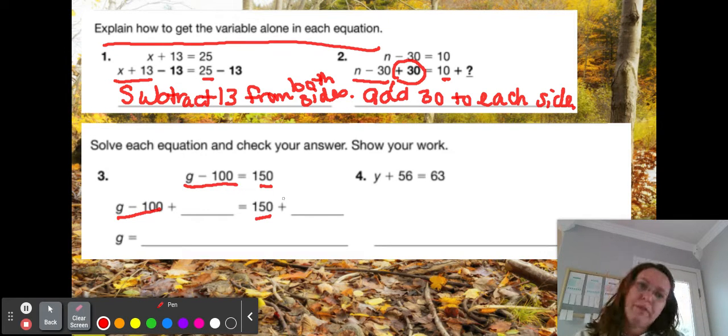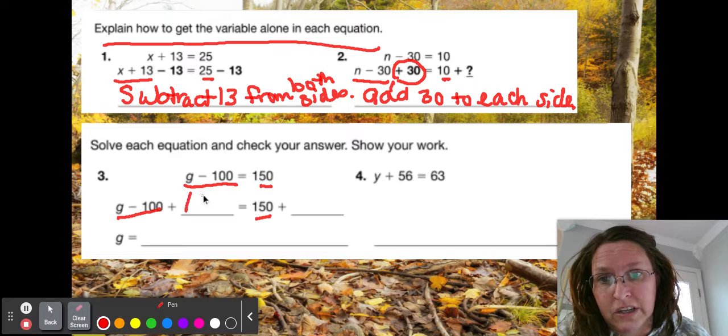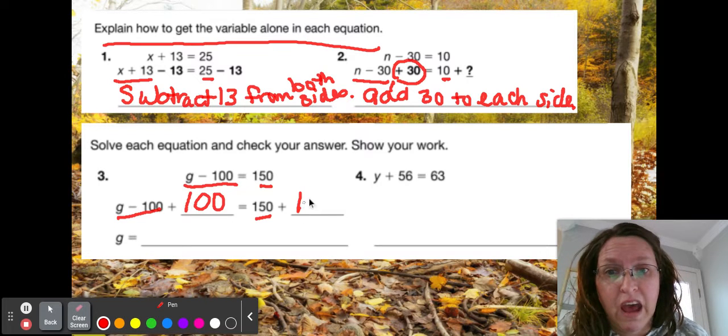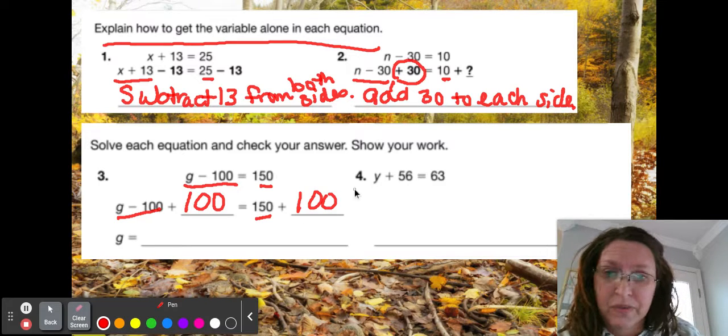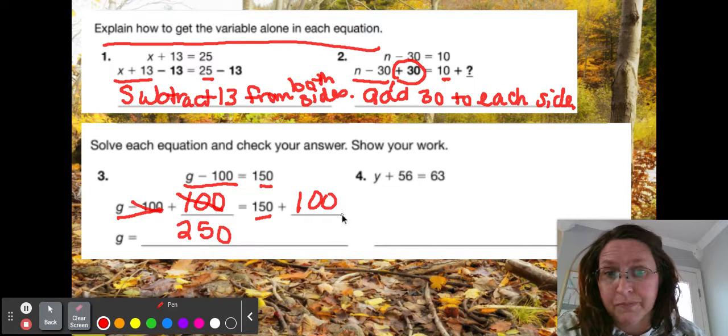So how do I do the opposite of subtracting 100? I'm going to add 100. So they've got my addition sign, so I'm going to add 100, but I have to do it to both sides. So negative 100 plus 100 subtracts itself out, and 150 plus 100 would give me 250.